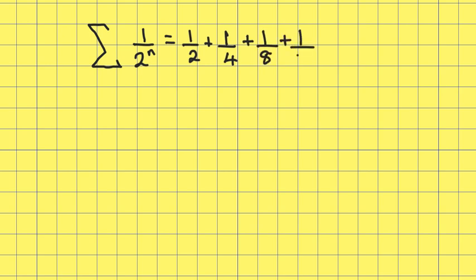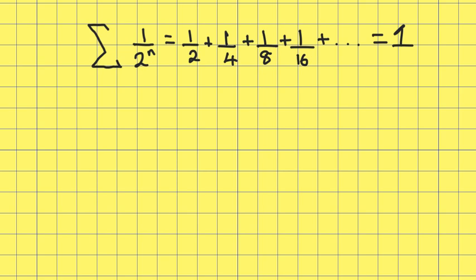So we would get the sum of 1 over 2 to the power of n is equal to a half plus a quarter plus an eighth plus a 16th plus, and that would equal 1.